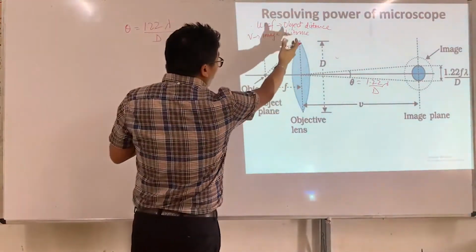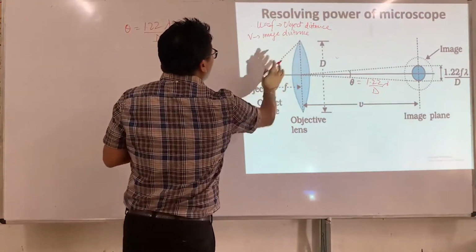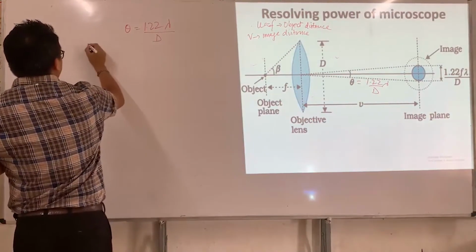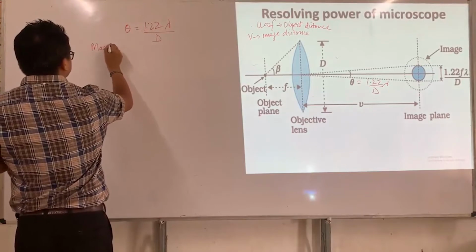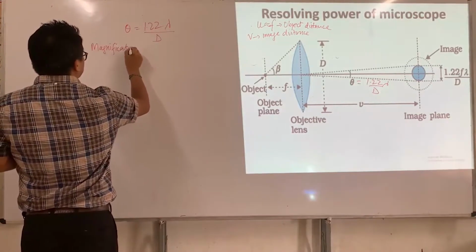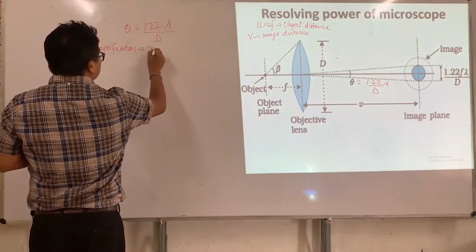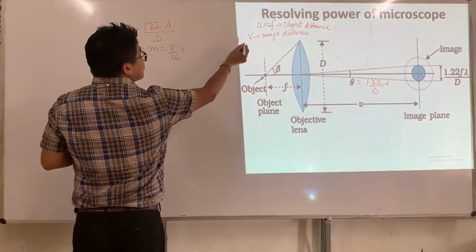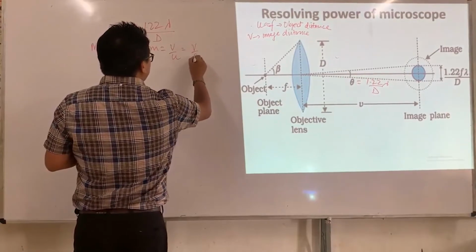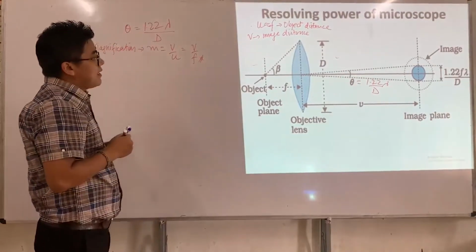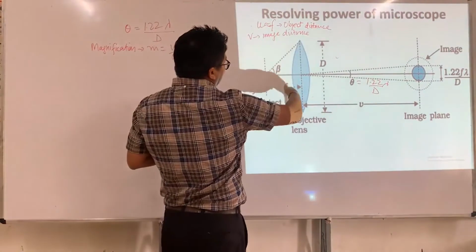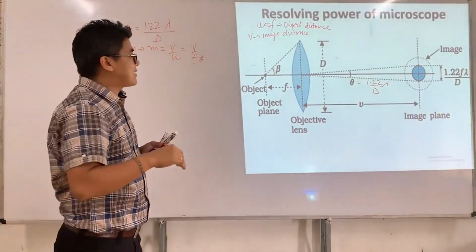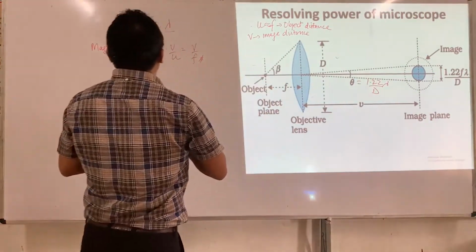And then what about the magnification given by our objective lens? So the magnification by the objective lens is going to be V by U, and since U is almost equal to F, I can write it like this. Now look at here, this beta defines the size of the objective lens.